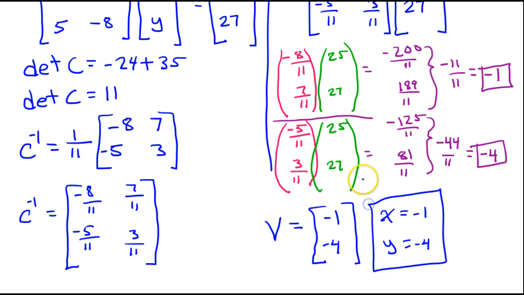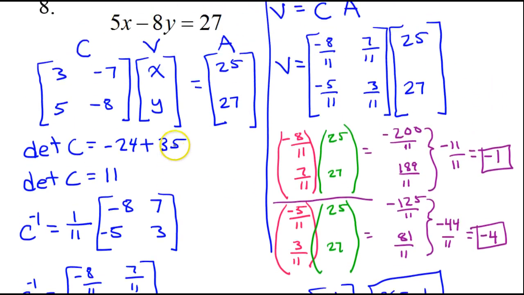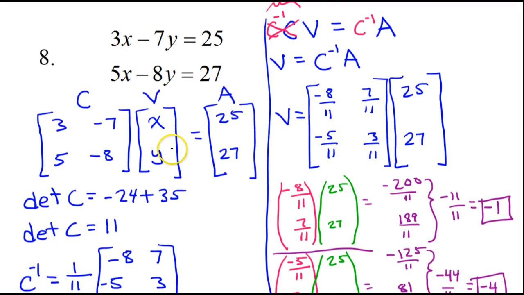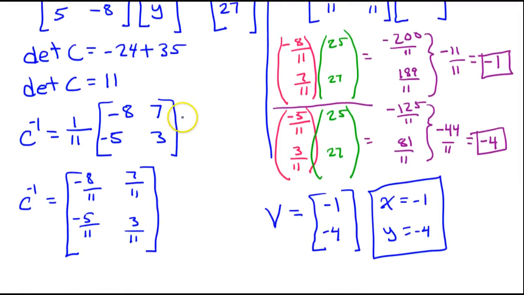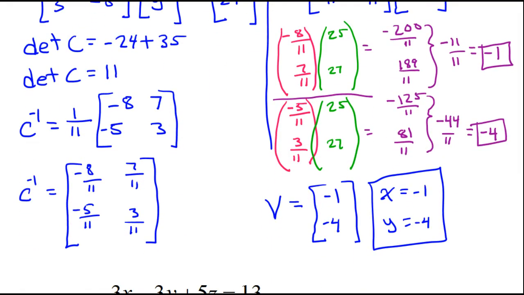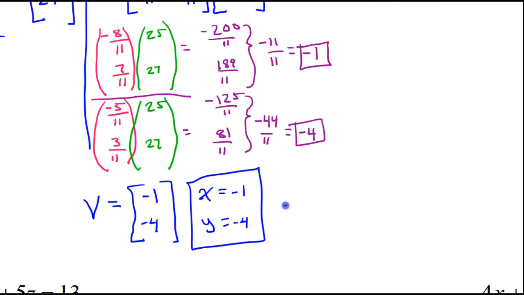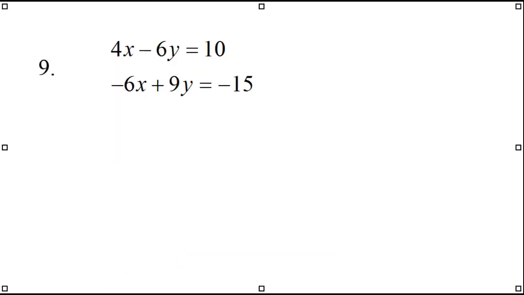So this is the solution to number 8. Oh, by the way, if anyone needed us to write this as an ordered pair, we could simply write negative 1 comma negative 4. Alright, that's another way we could write the answer.